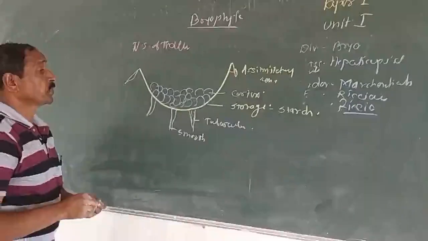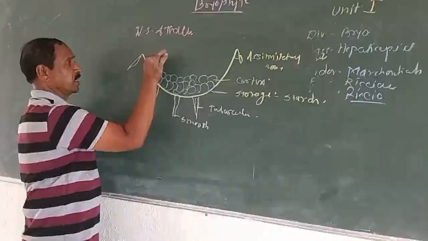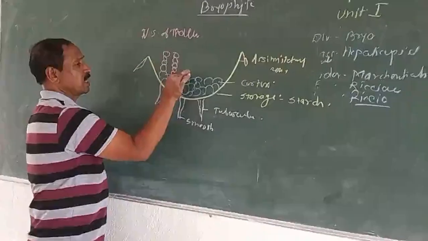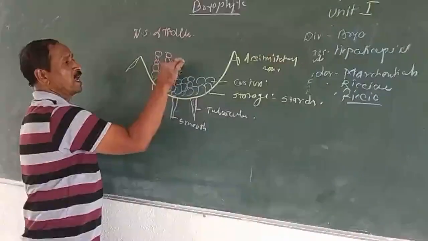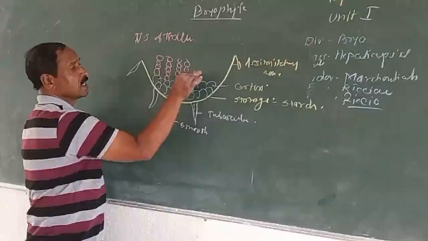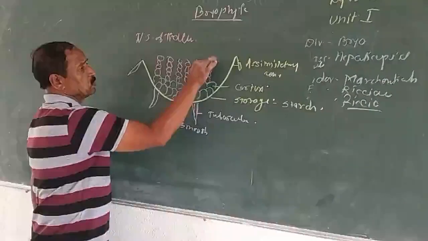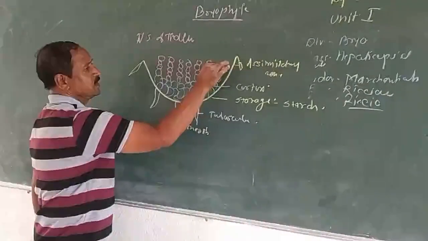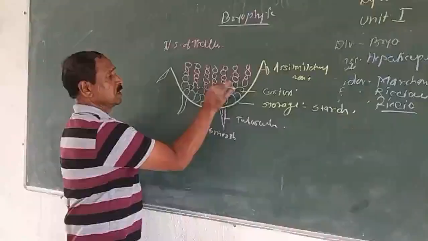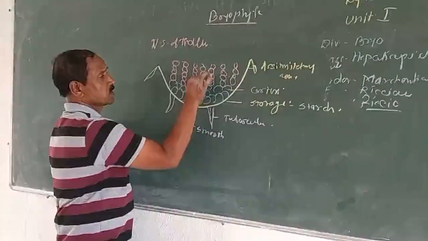Above the storage region, the photosynthetic filaments are present, and in these photosynthetic filaments, the cells are arranged in one line, one above each other. These photosynthetic cells present in the photosynthetic filaments are green in color because in the cell there is a presence of chloroplast.